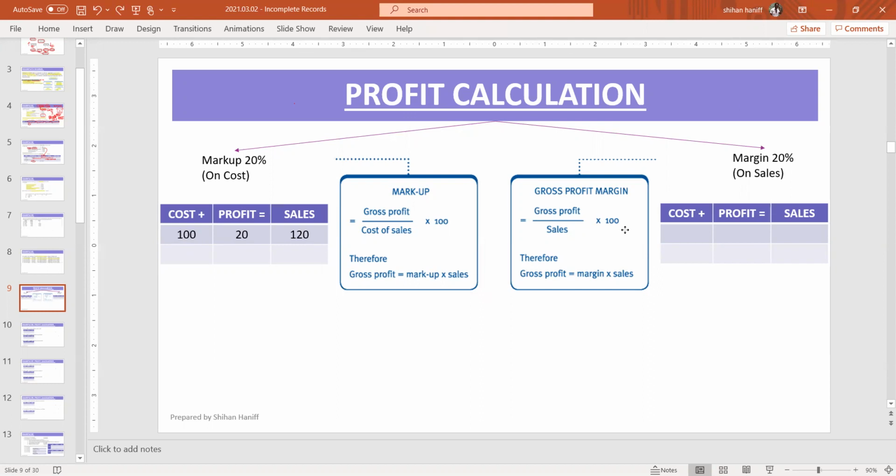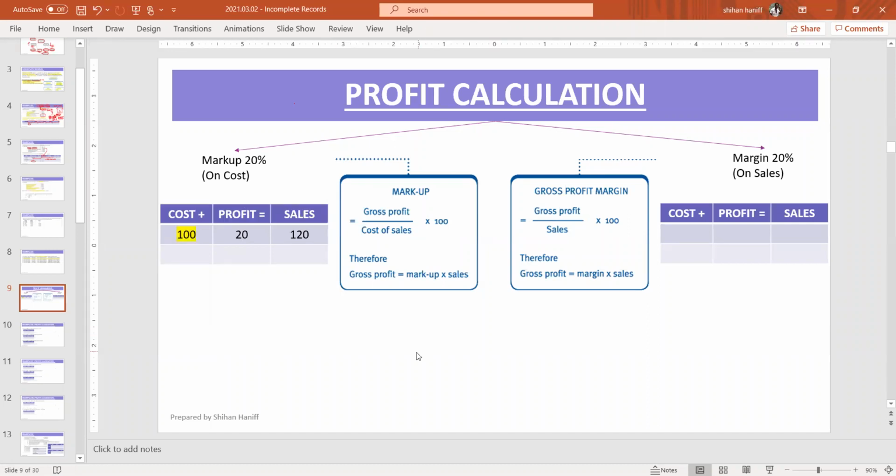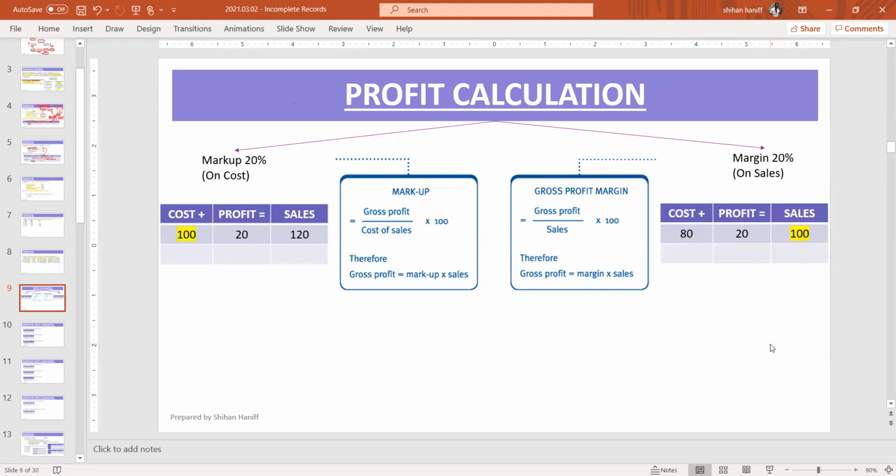And margin means on sales. On sales means sales is 100, profit is 20. Then the cost will be 80. Cost is 80. So here sales is 100. So highlight sales 100.